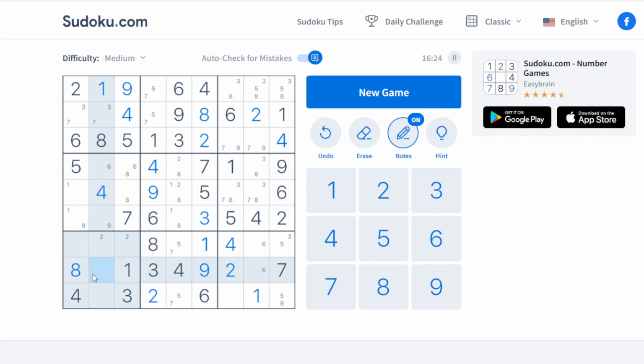Oh, actually, I didn't even notice this. Let's figure out what the pair is. 1, 2, 3, 4, 5 or a 6. And this could be a 5 or a 6.